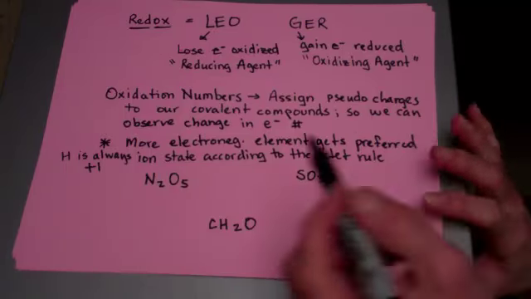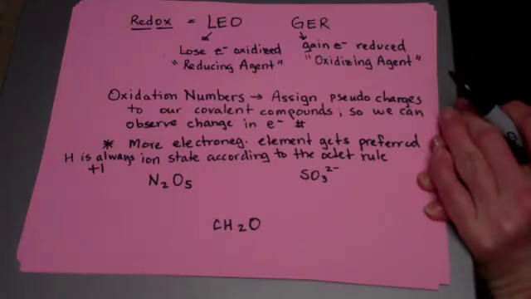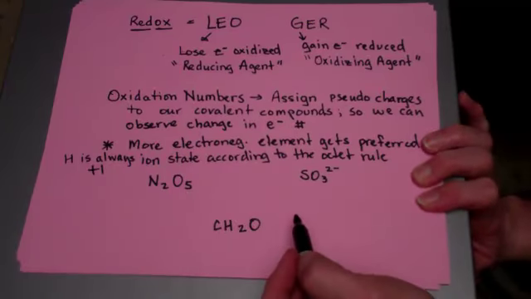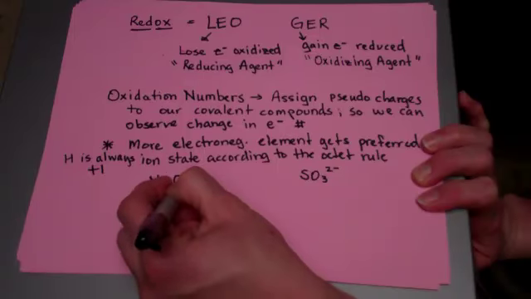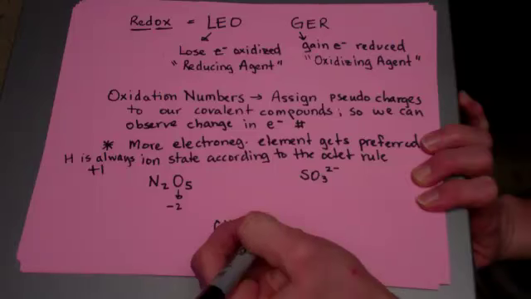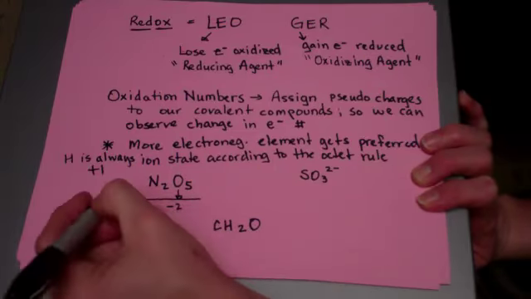So let's look at what is this compound called? Hopefully you said dinitrogen pentoxide. There's 5 oxygens, 2 nitrogens. Oxygen is going to get its preferred negative state of -2. Again, we can just draw our charge box like we do for ionic compounds.